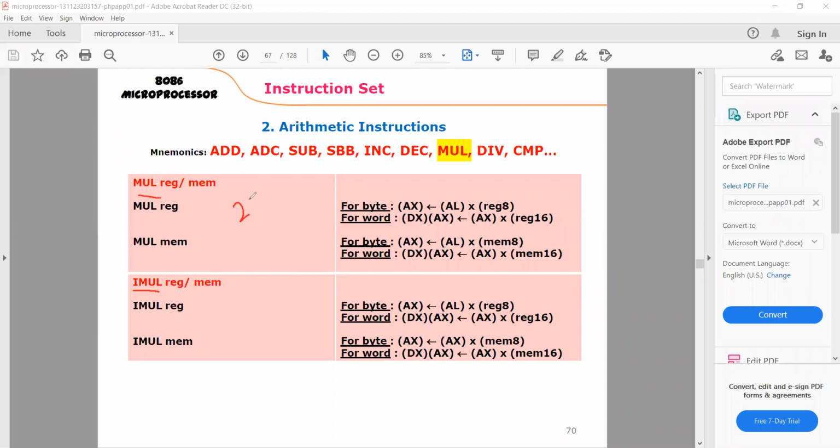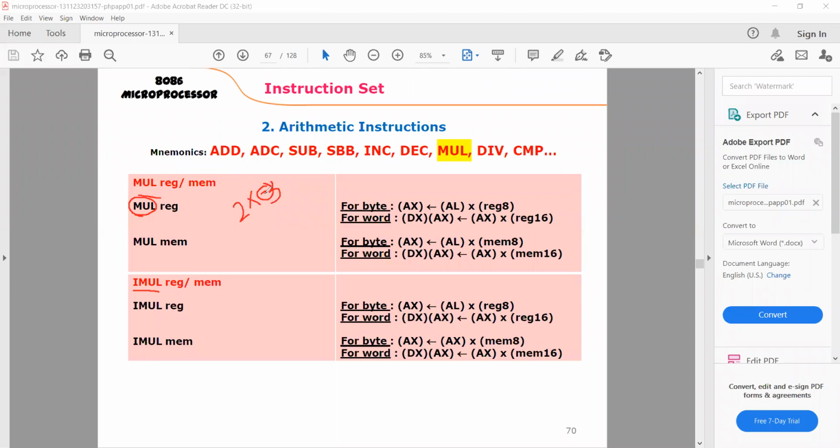If you use 2 into minus 3, the minus is not bothered in the MUL instruction. But when you use IMUL, the minus is also considered. That means we are performing signed multiplication. The same operation, but here we are including the sign factor.